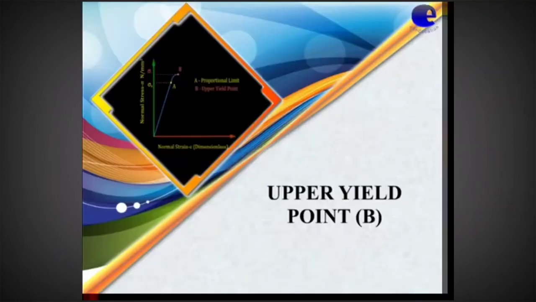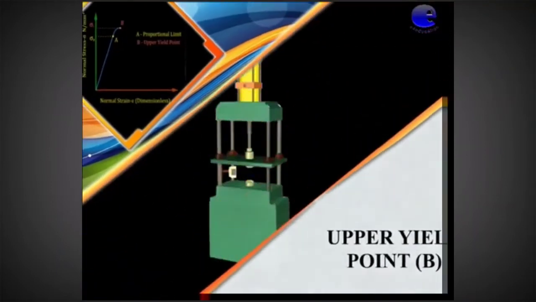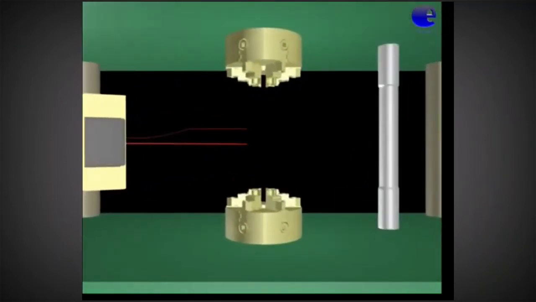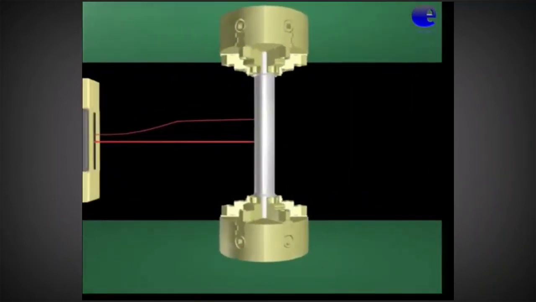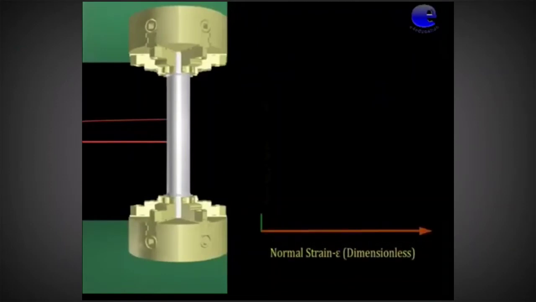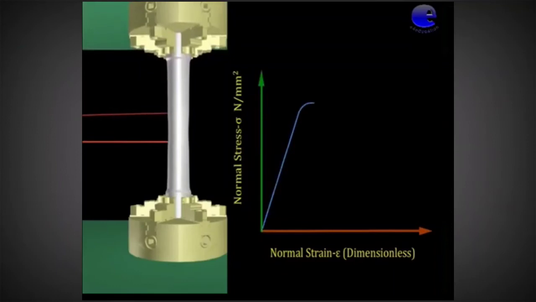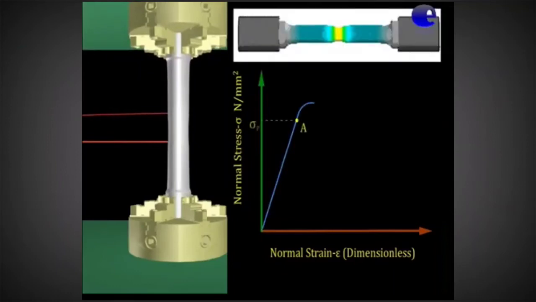Upper yield point, that is B. Let us see the curve. It is indicated by point B on the elastic curve. Point A is the limit of proportionality, whereas point B is the upper yield point.